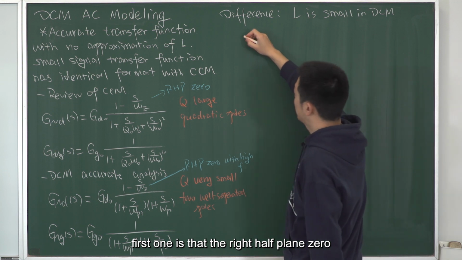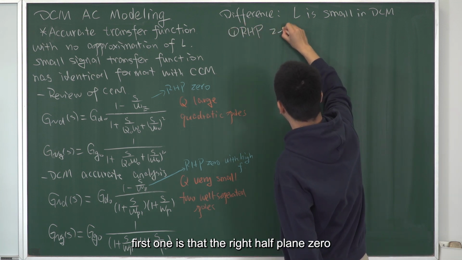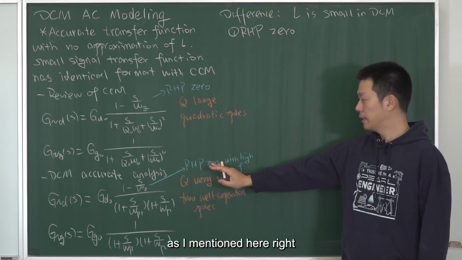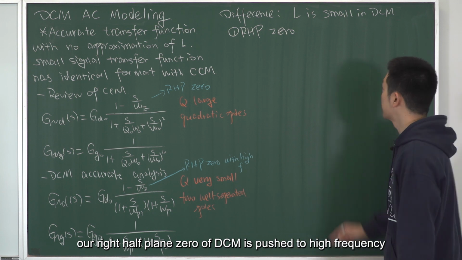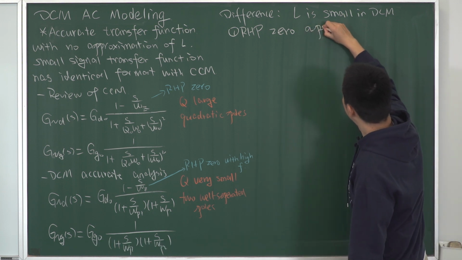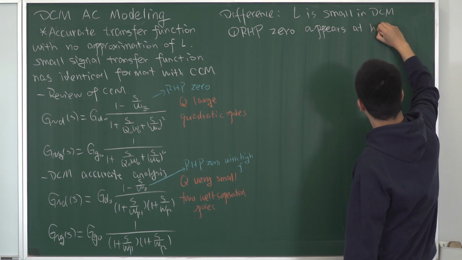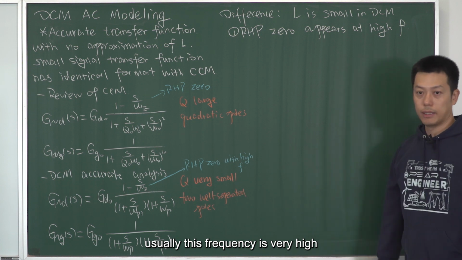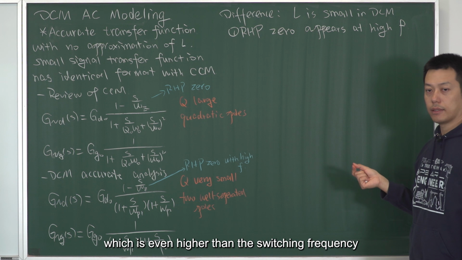First one is the right half plane 0, as I mentioned here, right? Our right half plane 0 of DCM is pushed to high frequency. Usually, this frequency is very high, which is even higher than the switching frequency Fs.